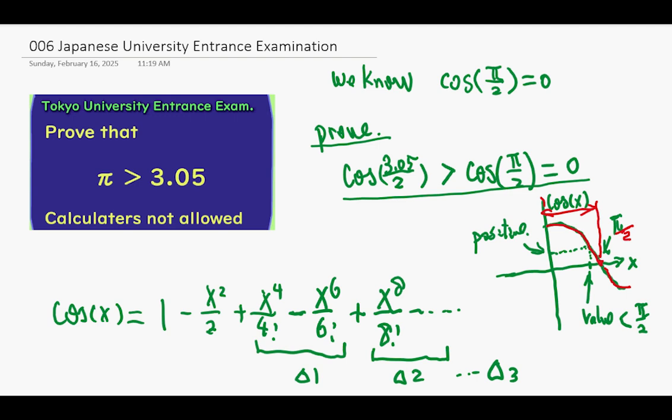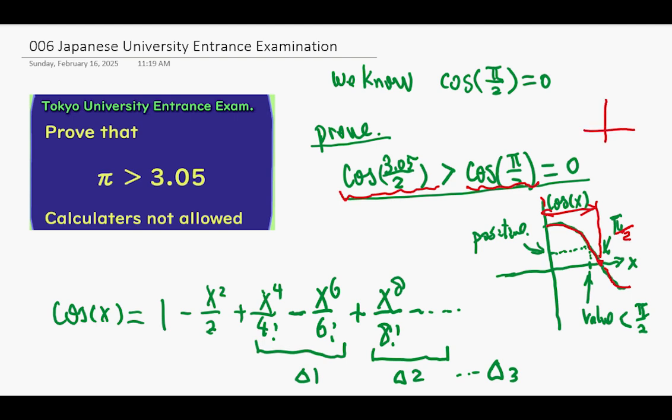So as long as cosine x is positive, this x should be before pi over 2. It's smaller than pi over 2. So that's why I said this is larger than that.